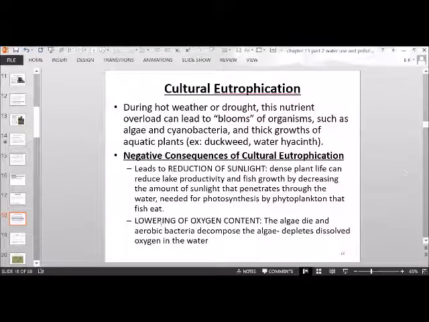Also, you have a lowering of oxygen content. And that's because the algae will die eventually, and then aerobic bacteria decompose the algae, which depletes dissolved oxygen in the water.